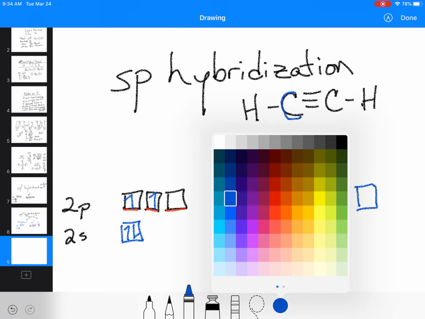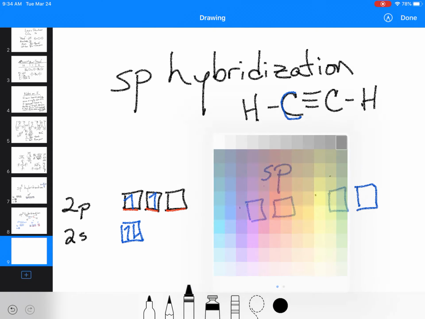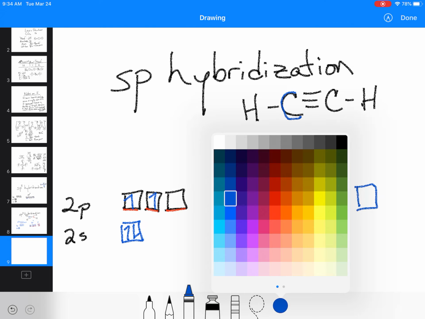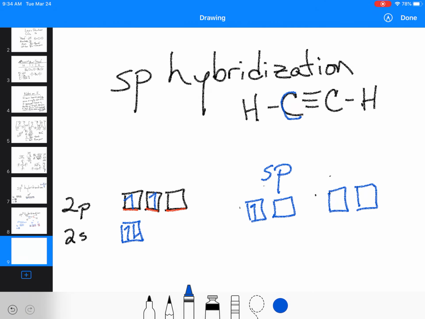I forgot to put my carbon electrons in my sp orbitals. So here is 1 electron in an sp orbital, another electron in an sp orbital, and following Hund's rule, I just go straight across. I've got 2 electrons that are each going to get their own p orbital.